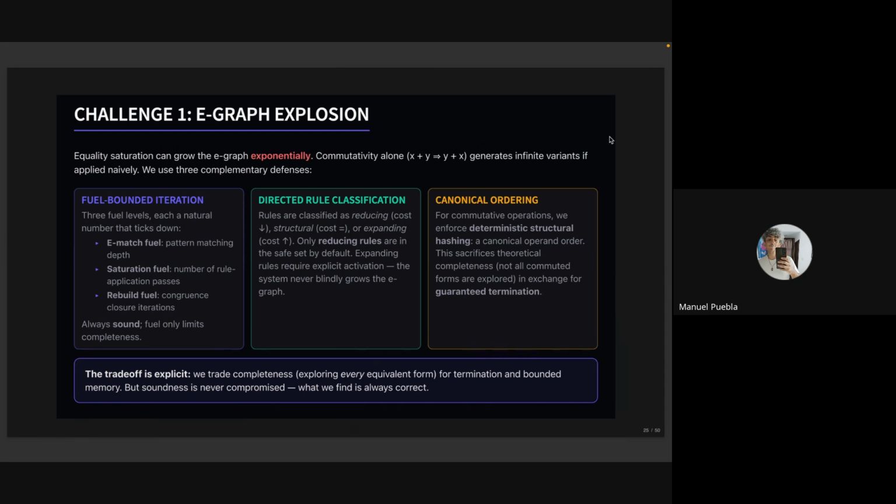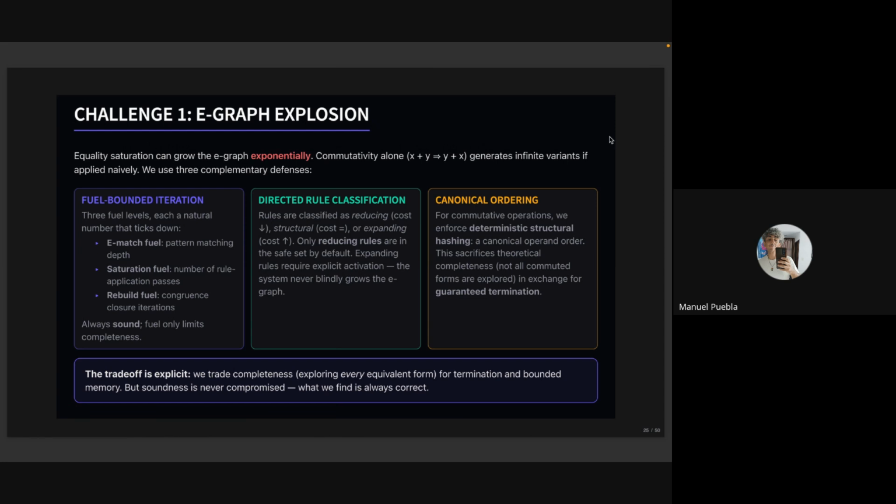So it was really a need for us to impose these guardrails. What works really nicely is the directed rule classification scheme and the canonical ordering. Those are things that are natural to ask for. The fuel-bounded iteration is the one that is something we impose because we want the program to run.